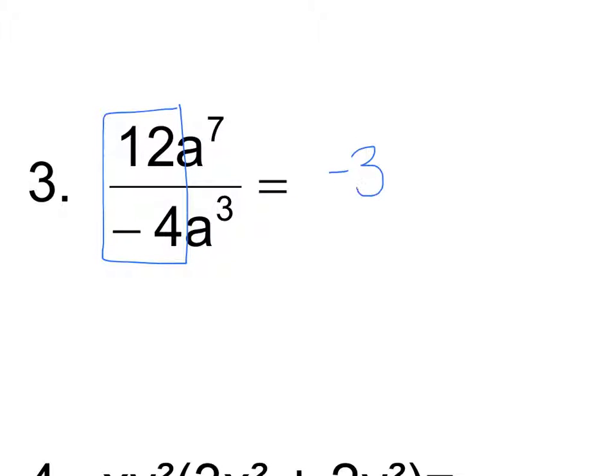That is negative 3. Now, look at your variables. We have a to the 7th over a cubed. Well, we can say that's a to the 7 minus 3, which makes our answer negative 3a to the 4th.